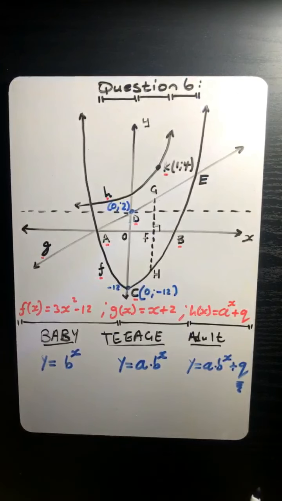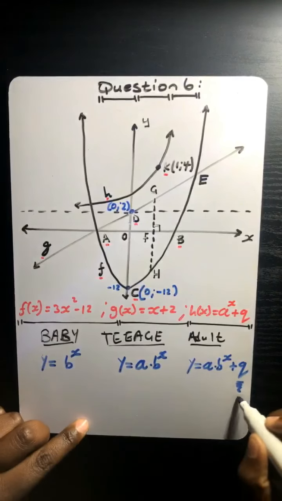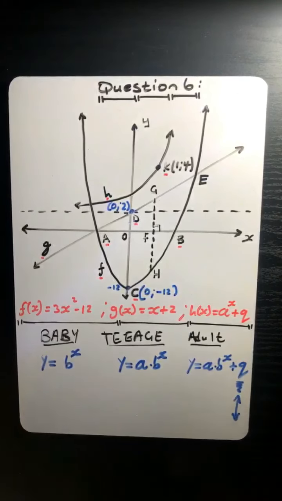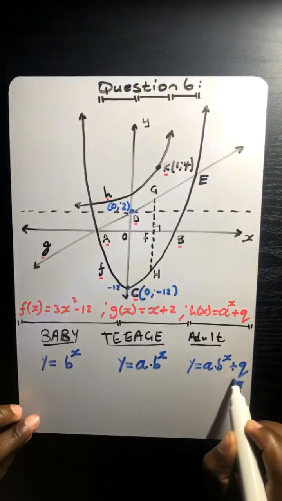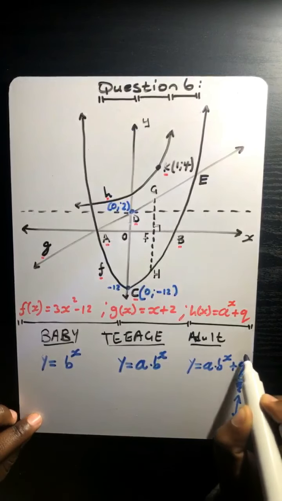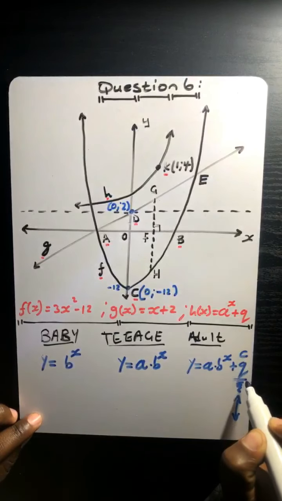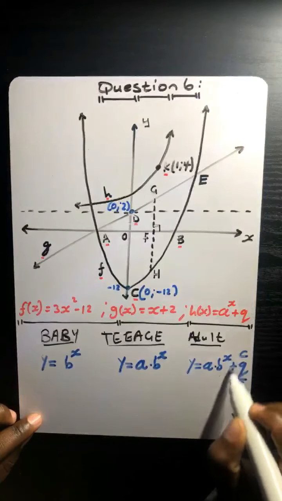Lerato, you say the Q represents the vertical shift. Very, very much important, ladies and gentlemen, that you are aware that normally the Q value, sometimes they can use C or whatever letter that they use.